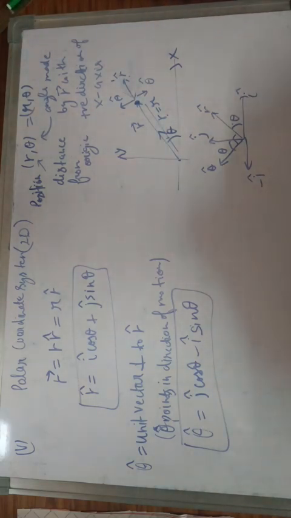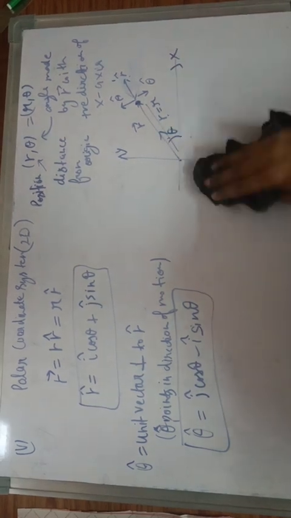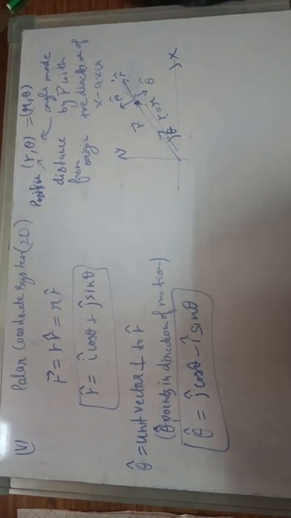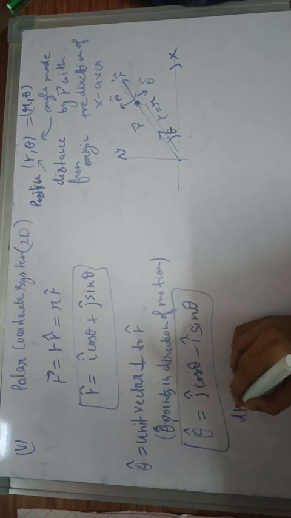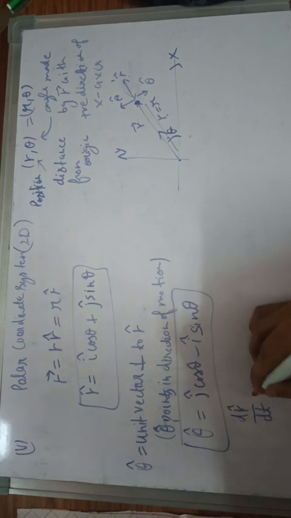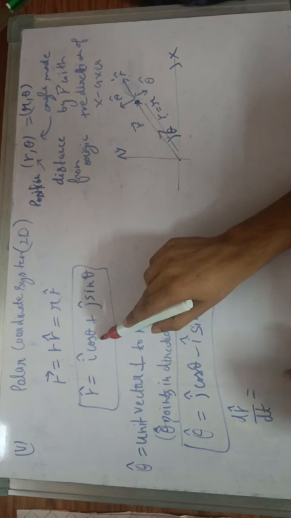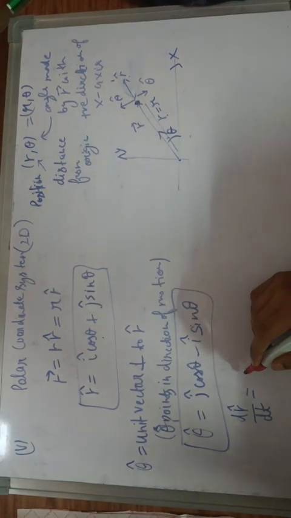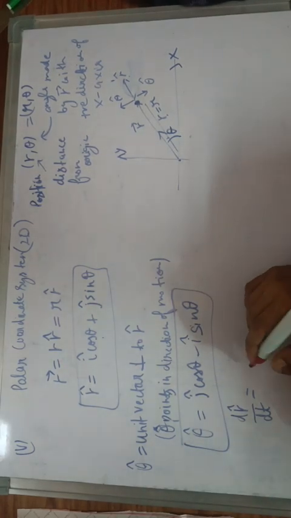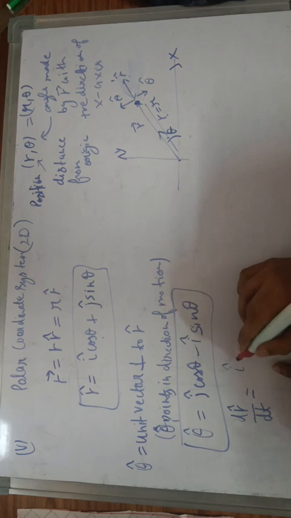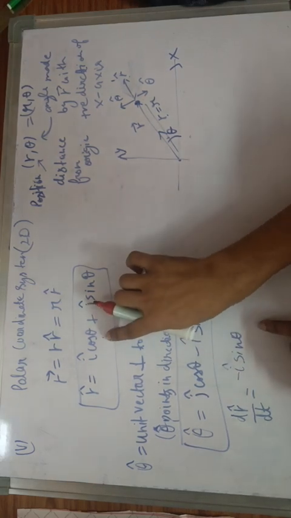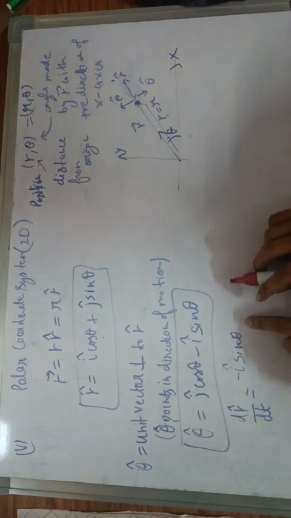Now the important thing next is that dr cap by dt is equal to differentiating. i and j are constant, so differentiating cos theta we will get minus sin theta. Theta can be variable, so theta will give d theta by dt.